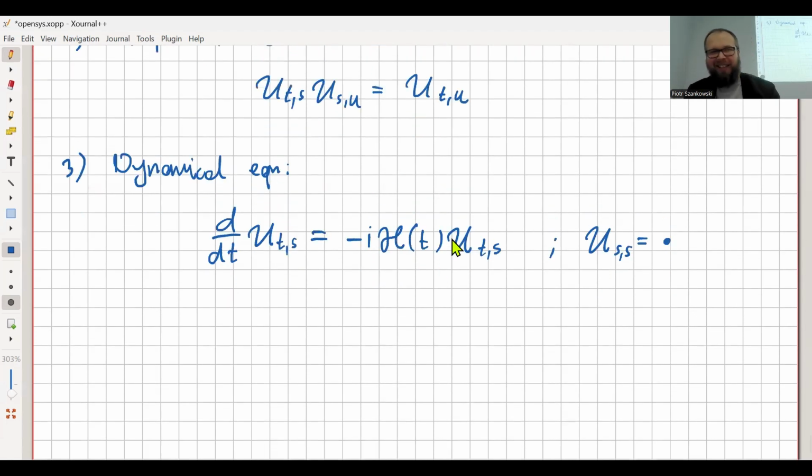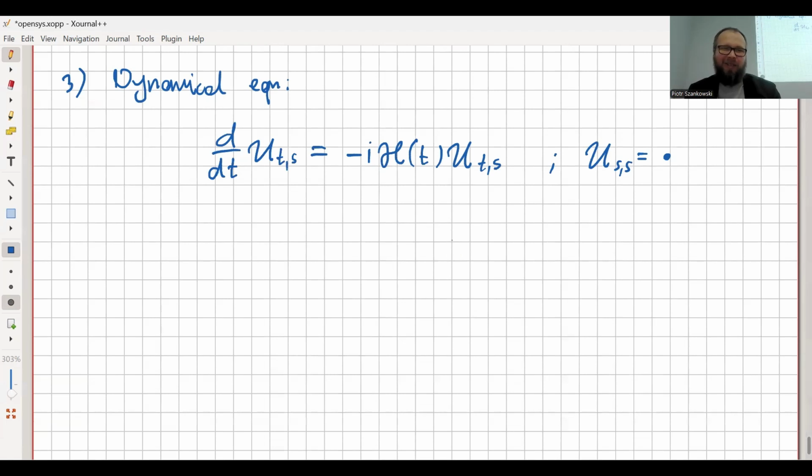Okay, you also have a set of properties for curly U, the unitary map, that U with hat, the evolution operator, doesn't have because they wouldn't make sense for an evolution operator, but for the unitary map they make sense.